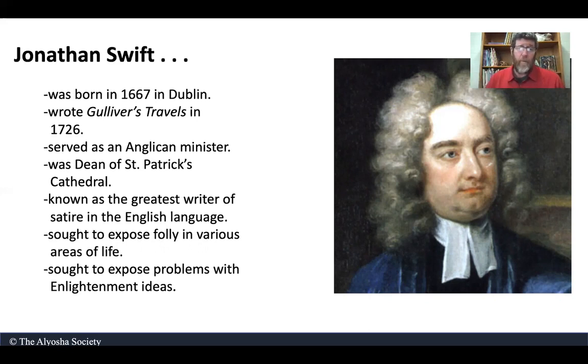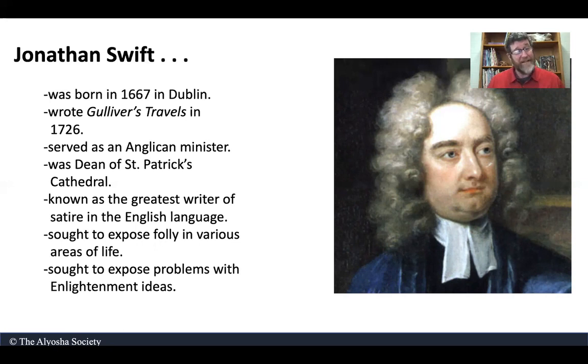Now, depending upon what scholar you look at, some very enthusiastic pro-Swiftian scholars will say that he is the greatest, not one of the greatest, but the greatest writer of satire in the English language.